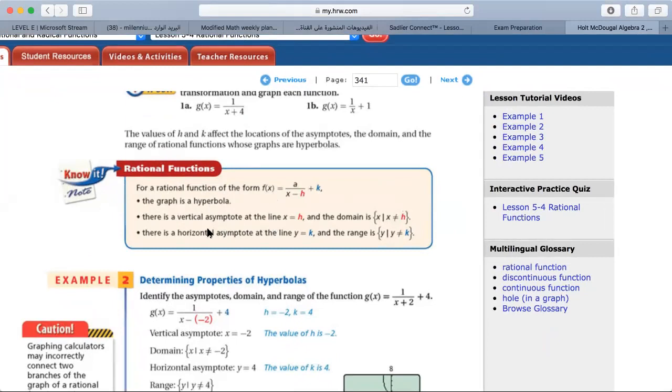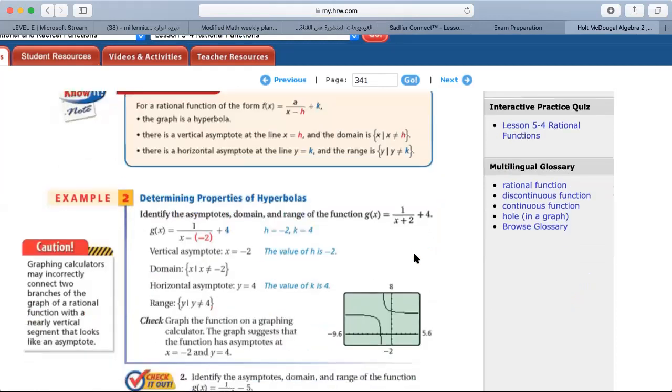There is a vertical asymptote at the line x equals h, and the domain is x, where x is not equal to h, and there is a horizontal asymptote at the line y equals k, and the range is y, where y is not equal to k.